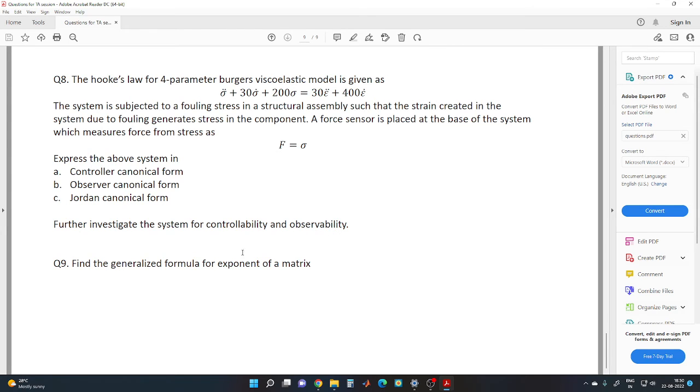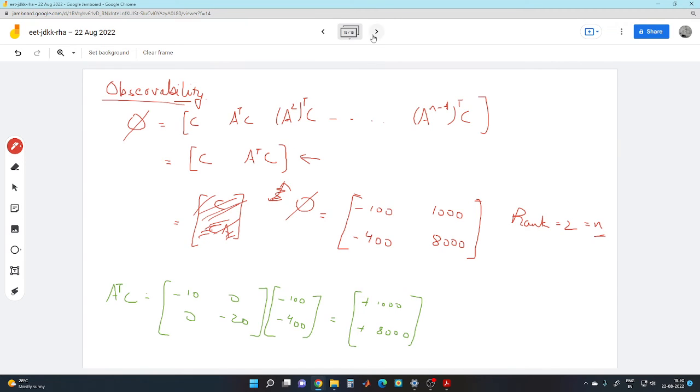The other thing during the lecture was we used an expression for the exponent of a matrix. We used this term, e raised to power At, where A was a matrix. Because we have not covered it till now in the coursework, I just wanted to review this exponent of a matrix for those of you who don't know it.